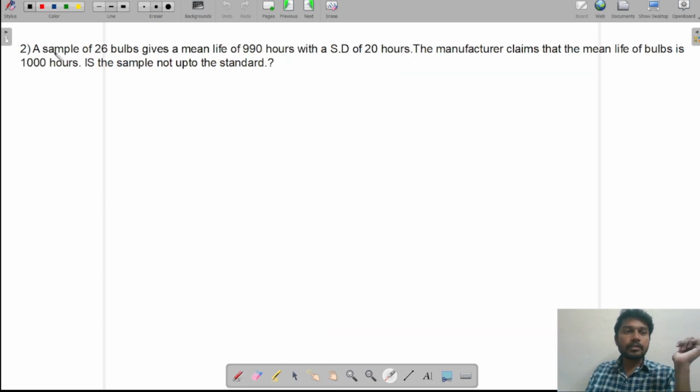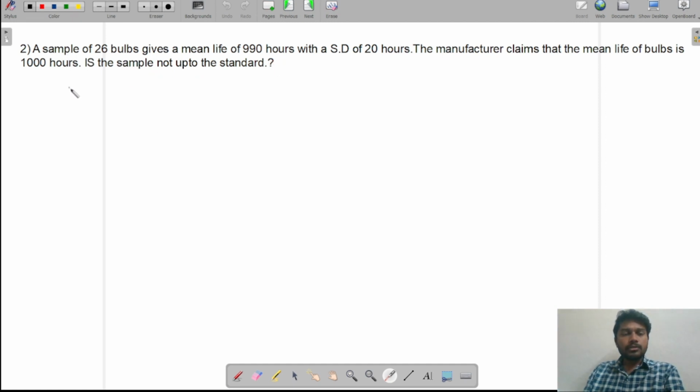So let's read the second question. A sample of 26 bulbs gives a mean life of 990 hours with a standard deviation of 20 hours. The manufacturer claims that the mean life of bulbs is 1000 hours. Is the sample not up to the standard?